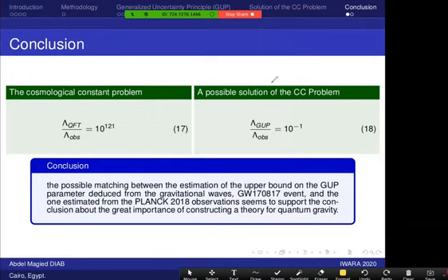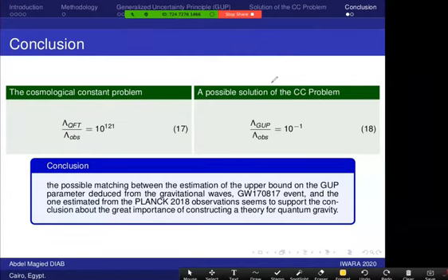We think that the possible matching between the estimation of our bound on the GUP parameter from the last gravitational wave observation, the GW170817 event, could solve the large gap between the theoretical and experimental estimation of the value of the cosmological constant.